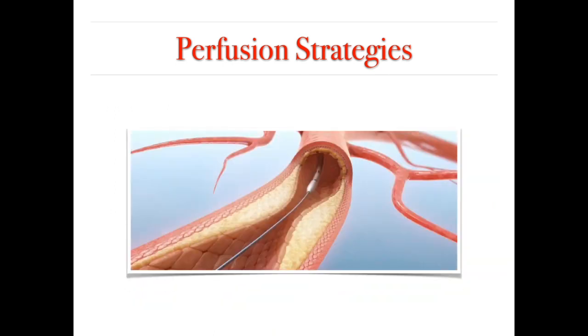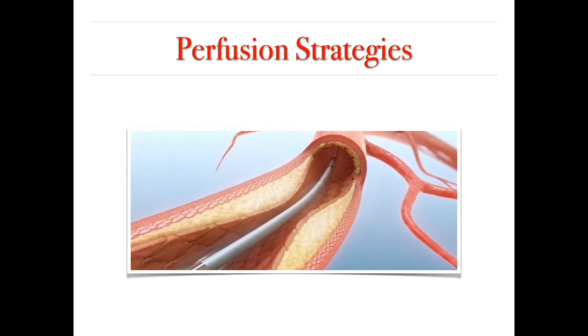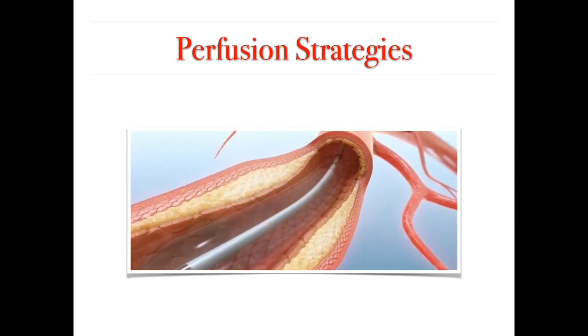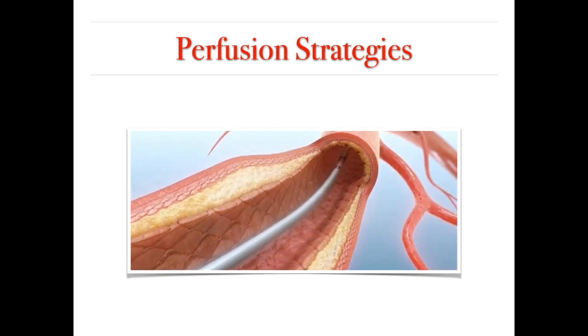After the location of the stenosis has been confirmed and the degree of stenosis has been established, it is possible to pass a guide wire beyond the area of stenosis and then to place a balloon across the area of stenosis, carefully inflating the balloon in the process called angioplasty.